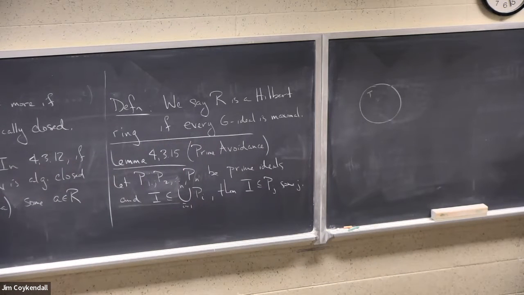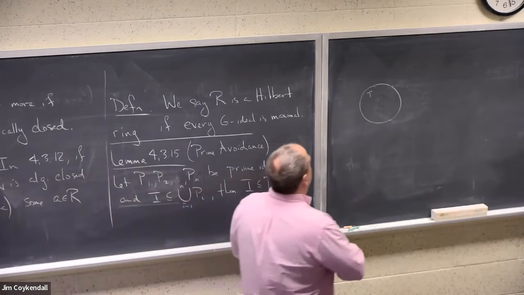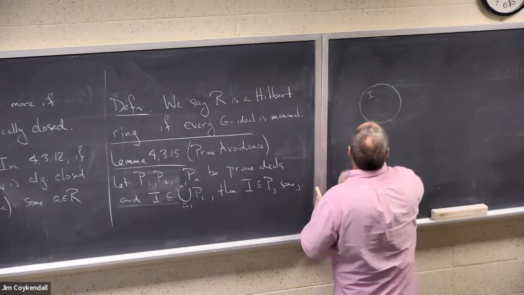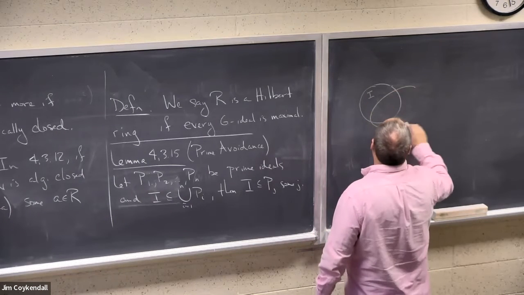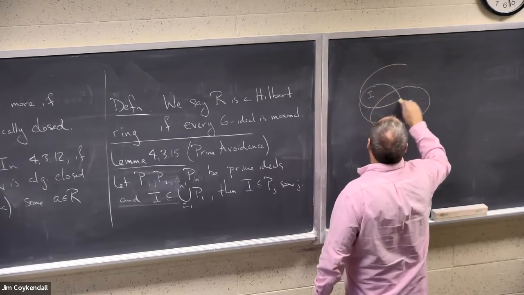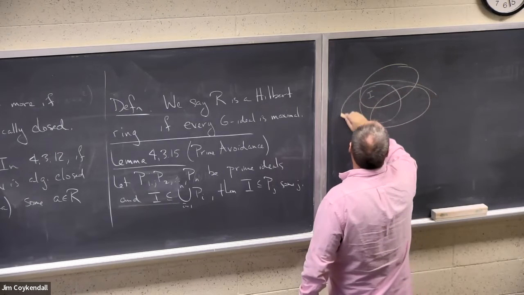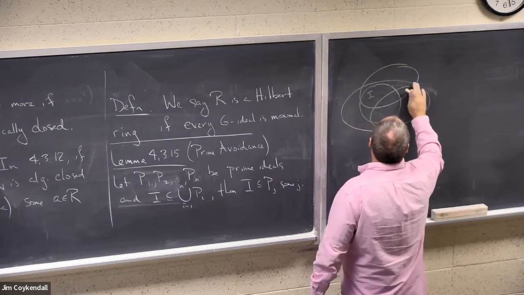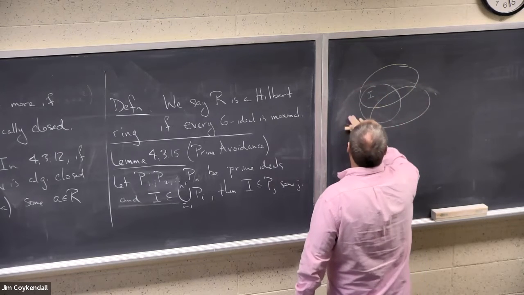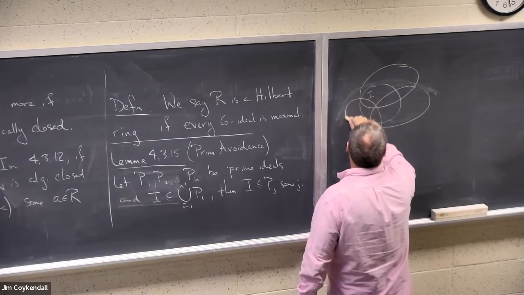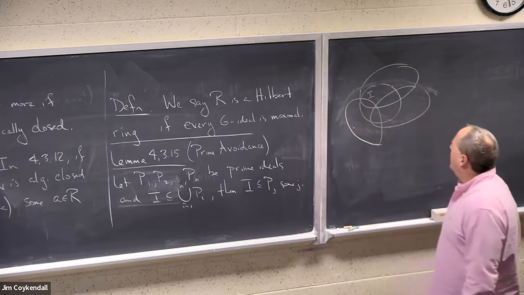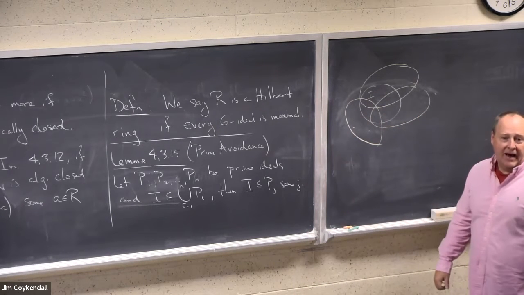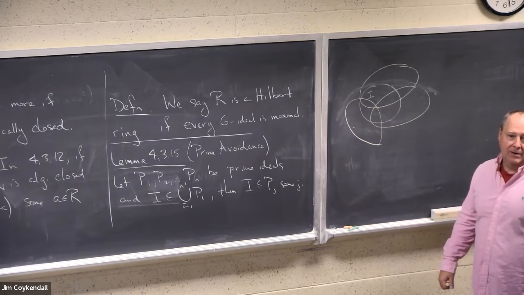Basically, what prime avoidance says essentially is that can't happen with prime ideals.